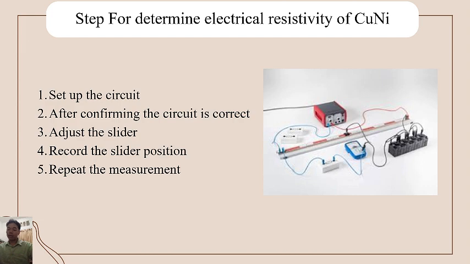Number 3 is adjust the slider until the bridge is balanced, indicated by zero current on the ammeter. And number 4 is record the slider positions L1 as well as L2. And the last one is repeat the measurement for the other wires. Those are the steps you can use for determining electrical resistivity.